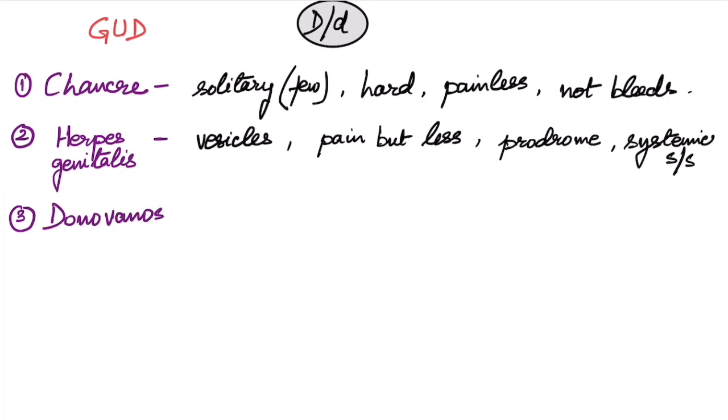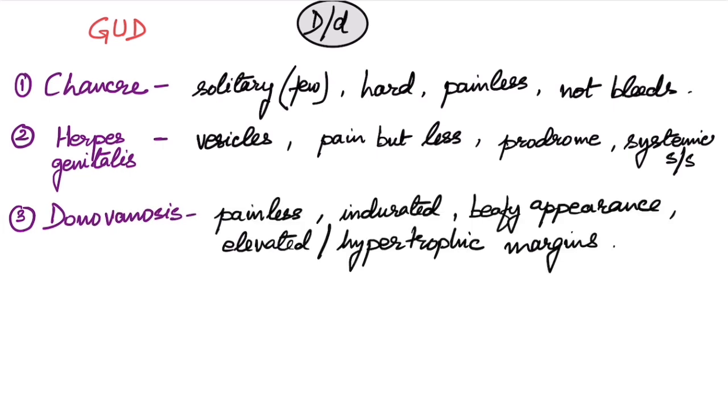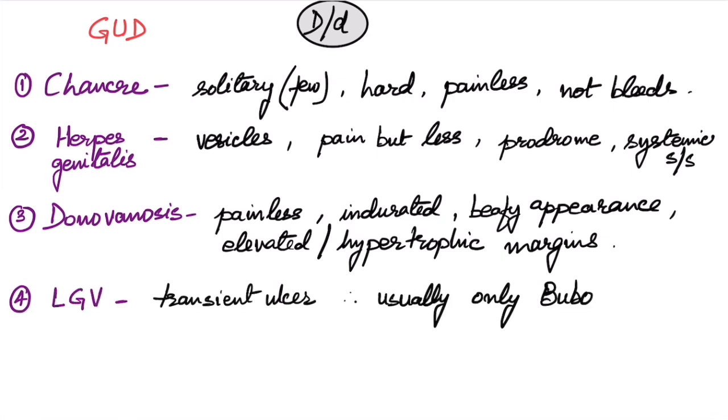The third one is donovanosis. Donovanosis is painless, it is indurated, it has a beefy appearance, the margin is very distinct, it is elevated or hypertrophic in donovanosis.